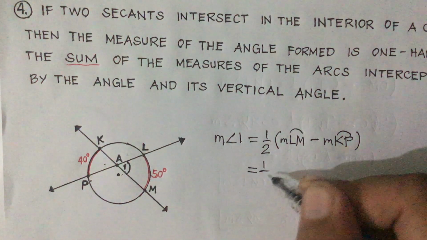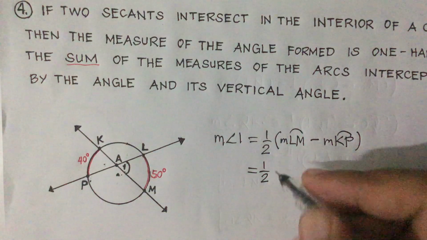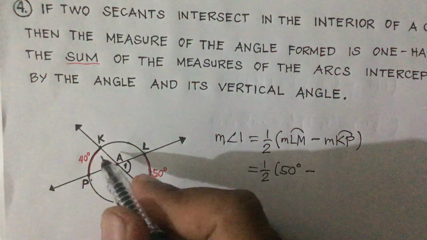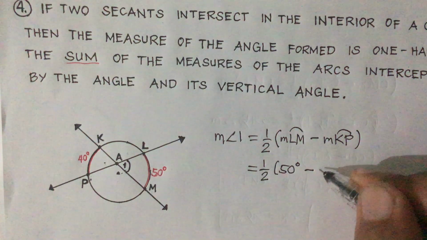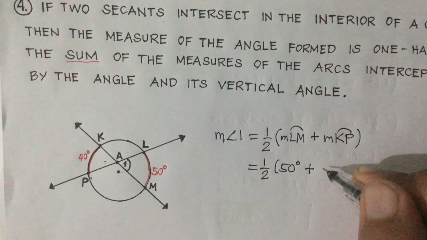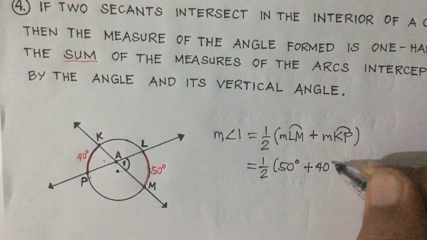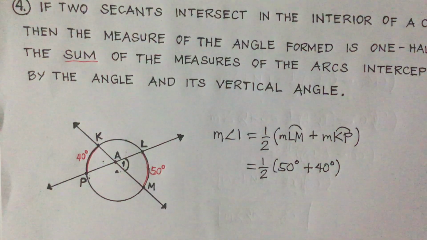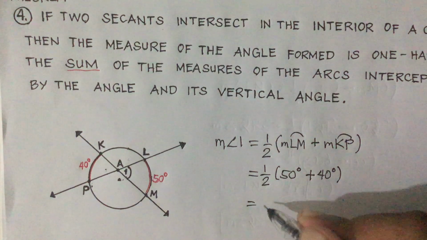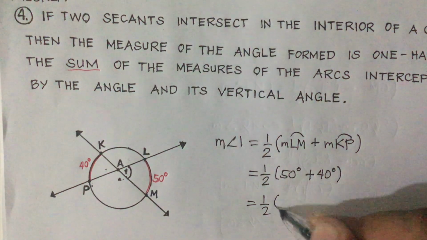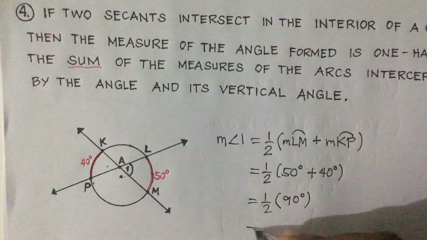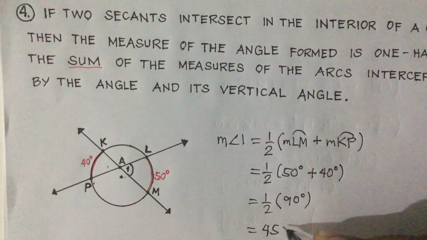So we have 1/2 the measure of arc LM is 50 degrees minus the measure of arc KP, which is plus, sorry, we are going to add. So plus 40 degrees. Since the point of intersection is inside the circle, so we are going to add. So that is based from the theorem. So we have 1/2 of 50 plus 40, that is 90 degrees, and 1/2 of 90 degrees is 45 degrees.